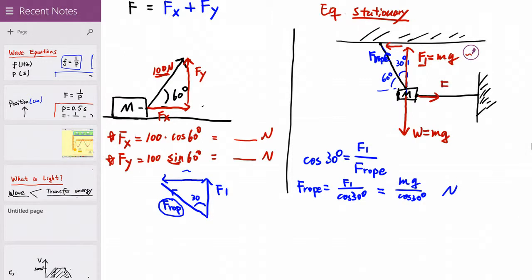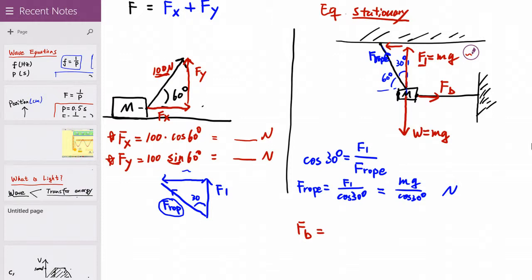I name it FB, on this bar there. If you want to find the force acting on the object by this steel bar on the right, it must be the same as the horizontal component of F rope.